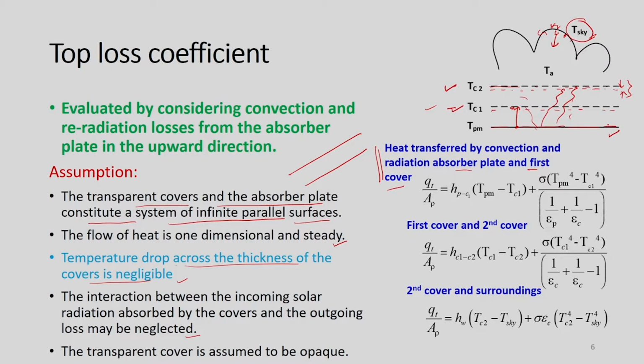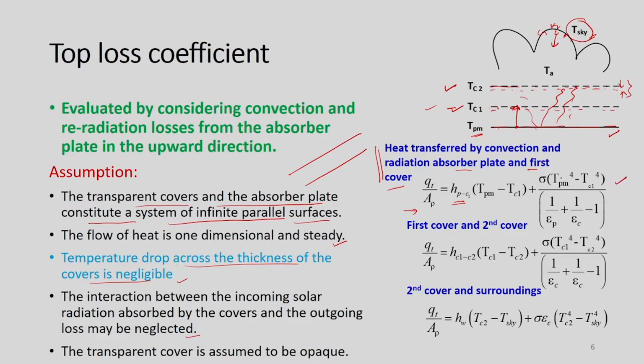We are interested in developing the equations by which we can calculate the rate of heat transfer from this plate to glass cover 1. So, Qt by AP is equal to hPD, which is the heat transfer coefficient from plate to cover 1, multiplied by TPM, because this plate temperature is TPM, minus TC1. This is the heat exchange between the plate and glass cover 1.